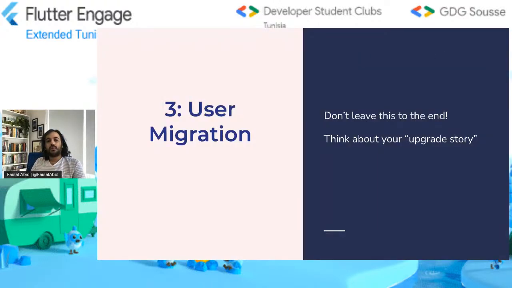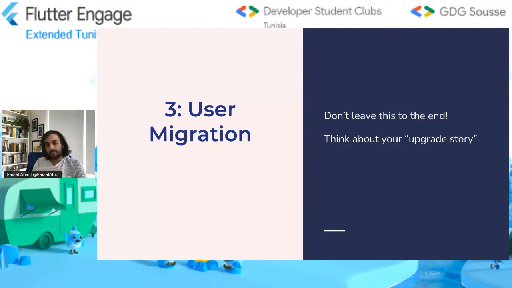Cool. So next is the user migration. Now, this is where things start to get a bit tricky. One of the hard parts when you have an app that's already running is when your user upgrades your app to Flutter, you don't want the user to log out, right?